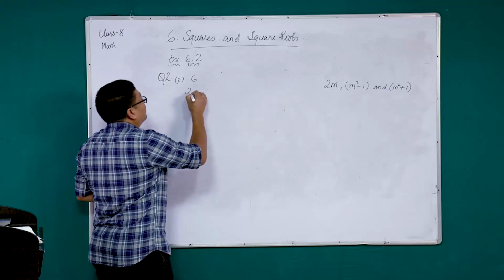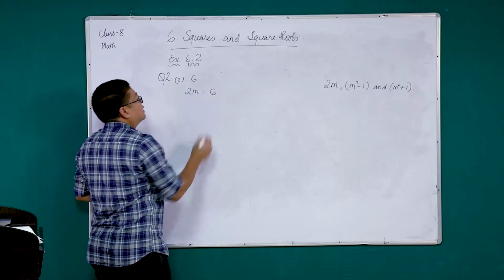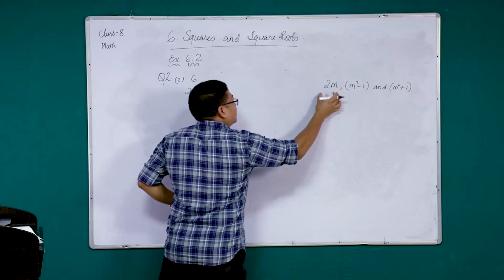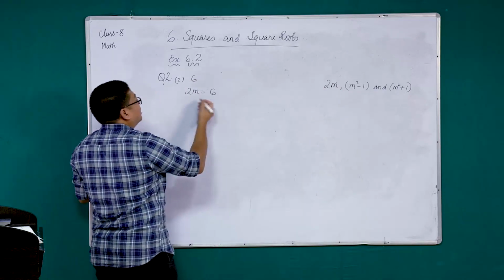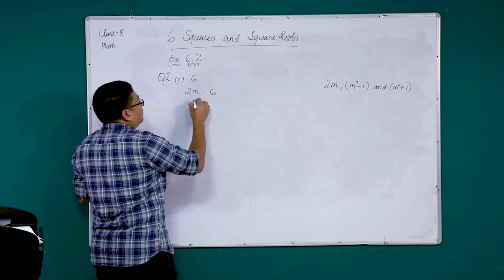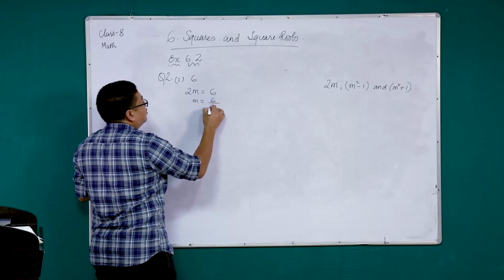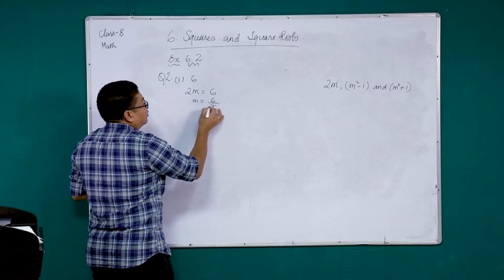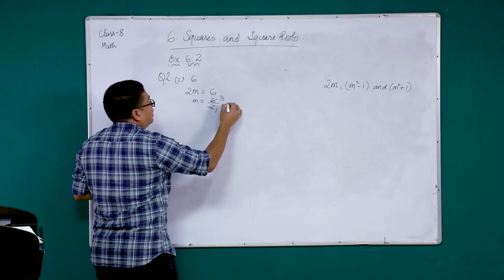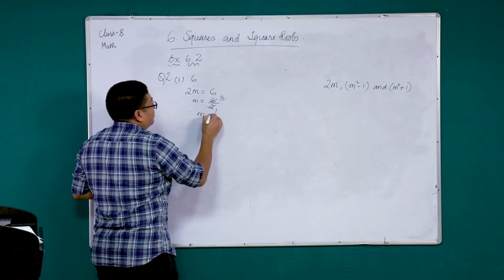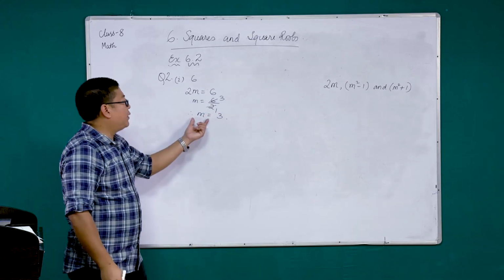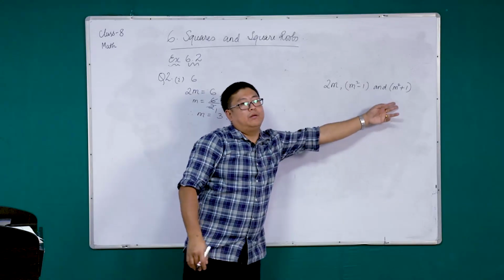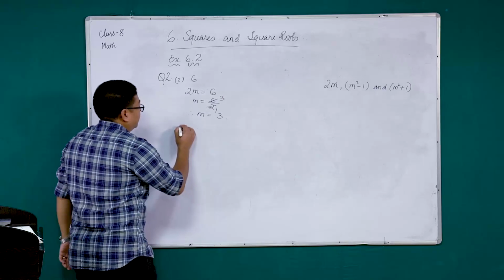Now we know that 2m is 6. Now from this we can find m is equal to 6 by 2. When you take it on the other side, multiply will become divide. So 2 into 3, therefore your m becomes 3. Now we have m, we can find these two numbers easily.